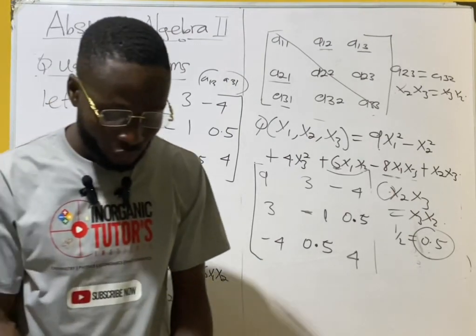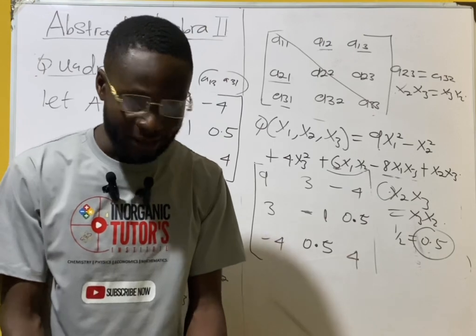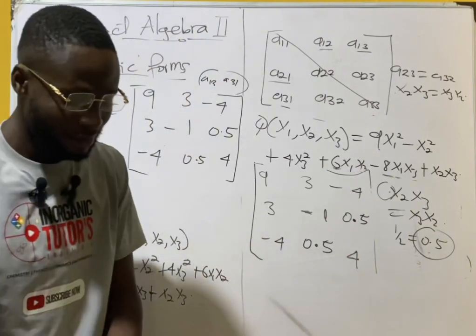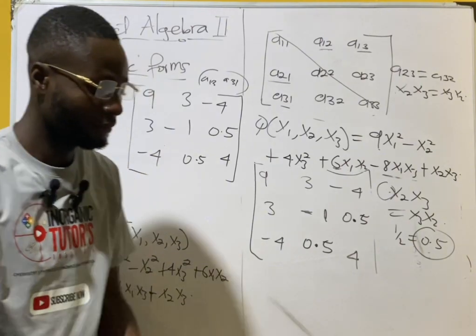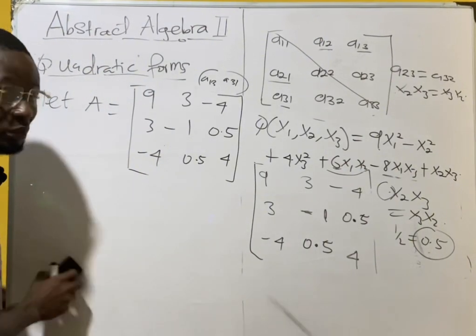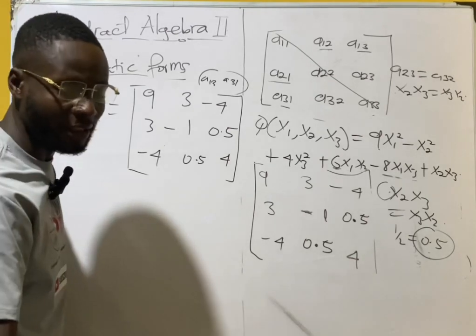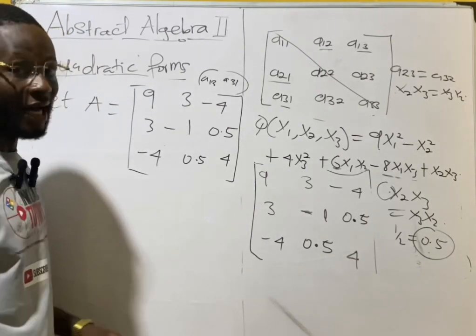So what we have to do next is to express that matrix, because we want to determine the minimum and the maximum points. So we have to find the eigenvalues.